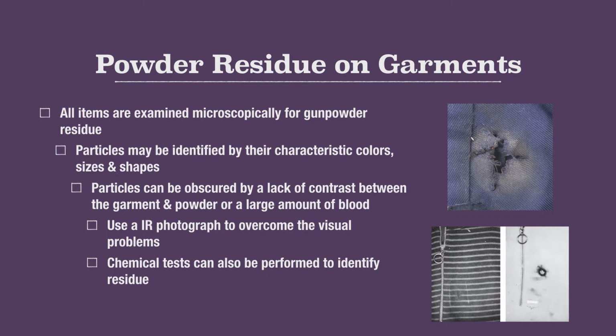And so they can easily be overlooked. But now we can use IR photography to overcome the visual problems, and then chemical tests can also be performed to identify different residues that are present in the gunpowder.